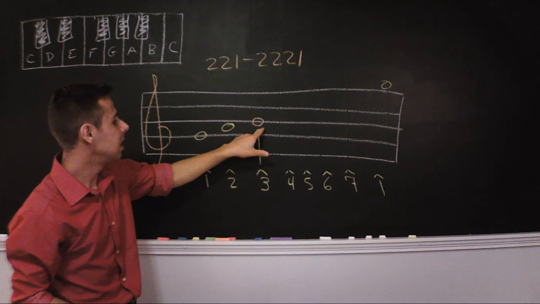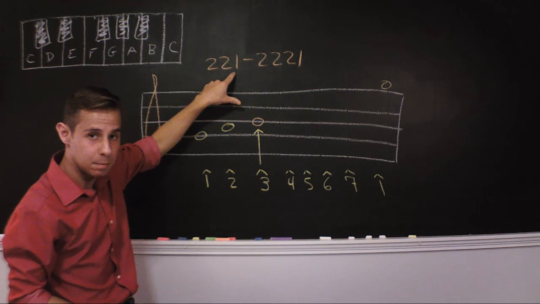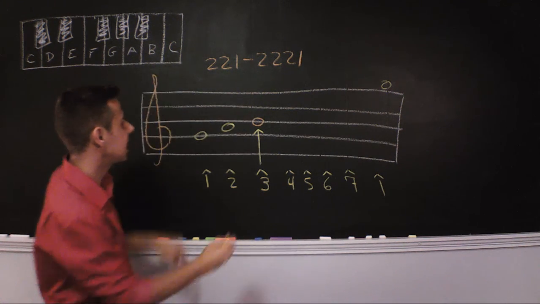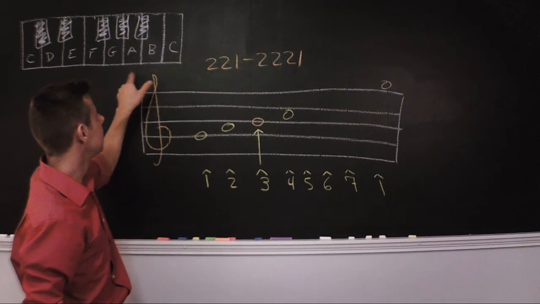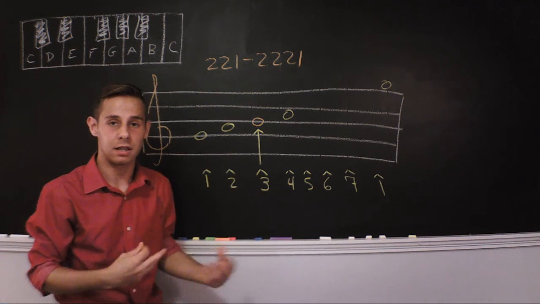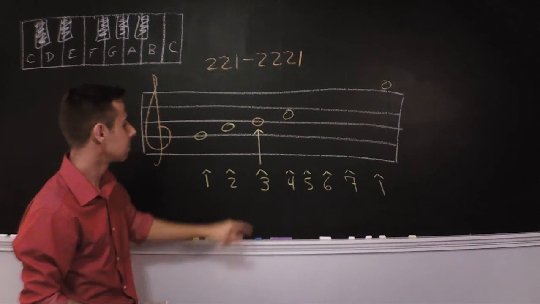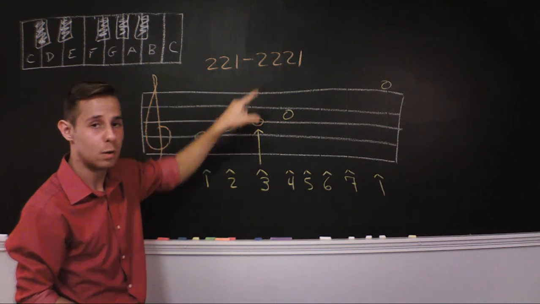Now, B should be a half step away from the next note. So a half step up from B is C. And now hopefully it's clear that having this keyboard either visualized or drawn out is quite useful. Alright, so C should be a whole step away from the next note.